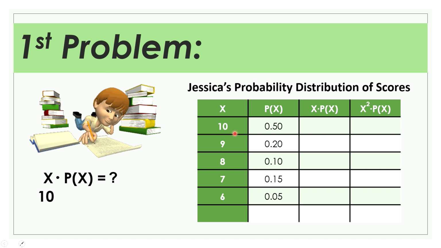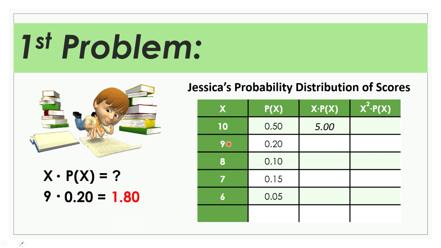So 10 multiplied by 0.50 is equal to 5. And then the next one, 9 multiplied by 0.20 is equal to 1.8. Then 8 multiplied by 0.10 is equal to 0.80.